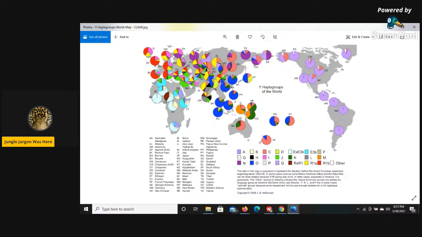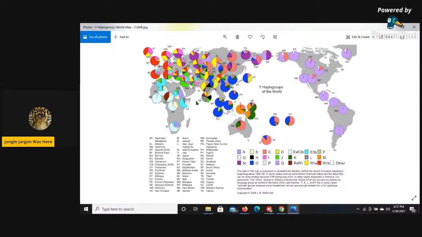So these green colors and this purple color here, the I and the J, are Semitic. It's a good percentage, you know. It remains, you know, direct descendants of Israel, you might say. So that's probably what happened there.